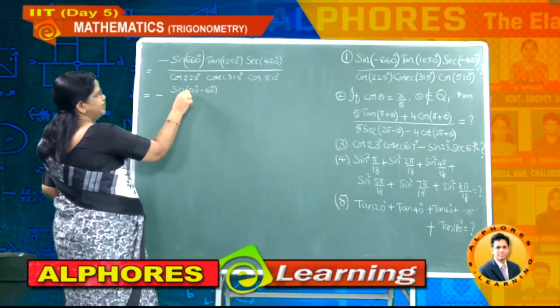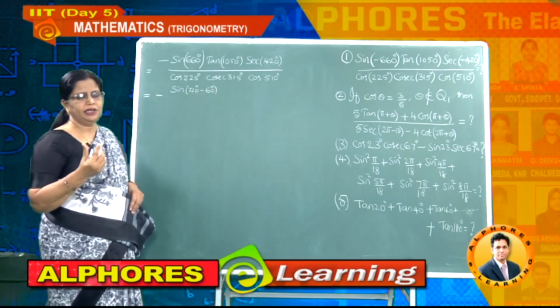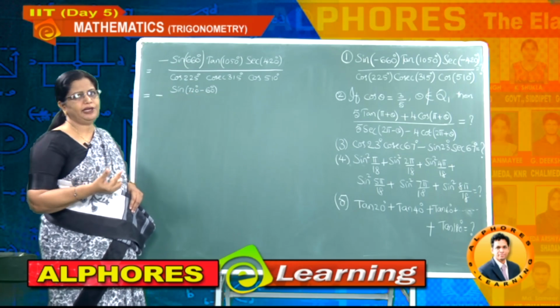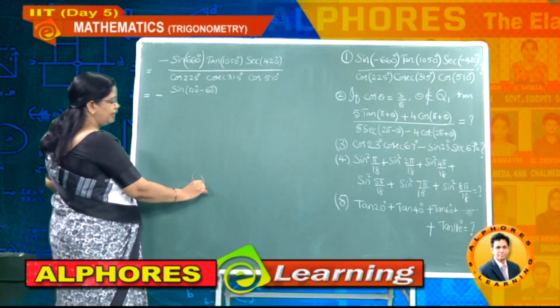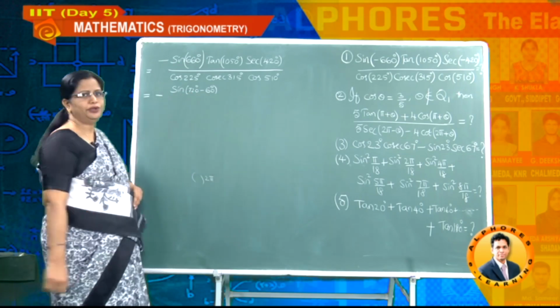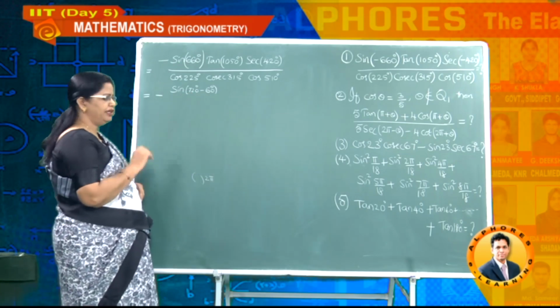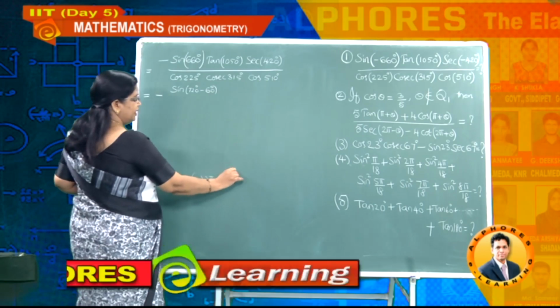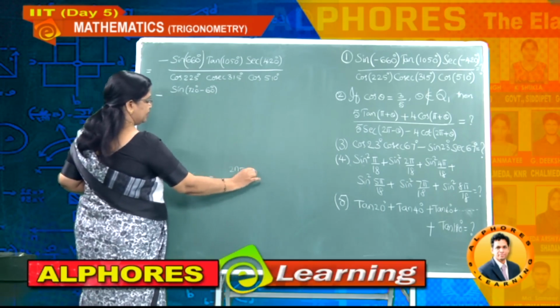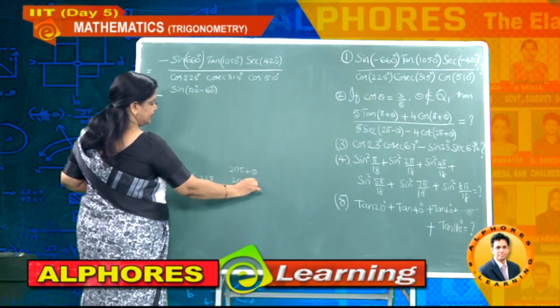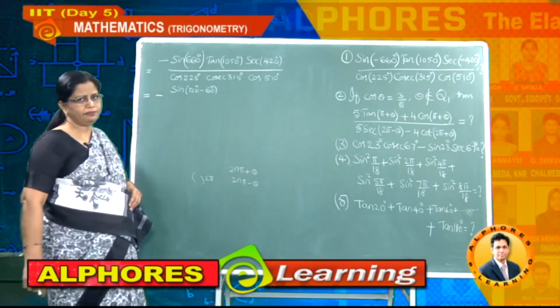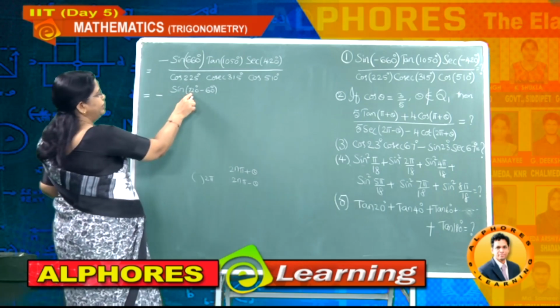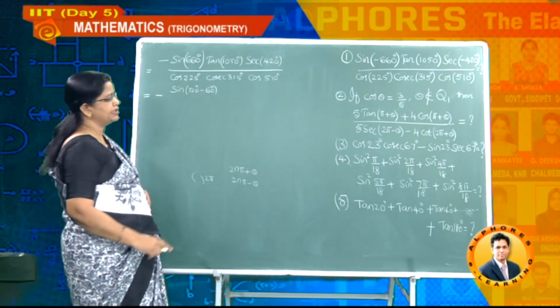Why have I chosen 720? Because it is an even multiple of pi, or multiple of 2 pi. But I want to take multiples of which one here? 2 pi, so that you can make use of 2n pi plus theta, or if it is possible, 2n pi minus theta. This is fourth quadrant and this one is here first quadrant. So I am taking here 720 minus 60 degrees.